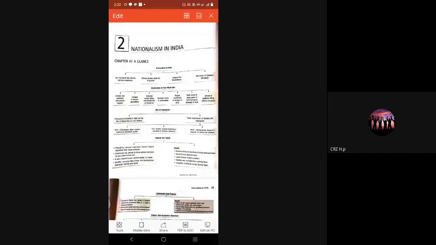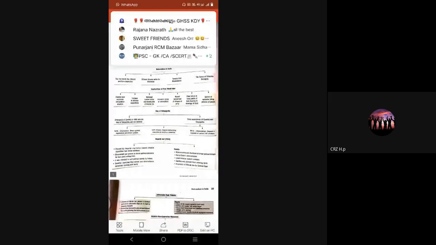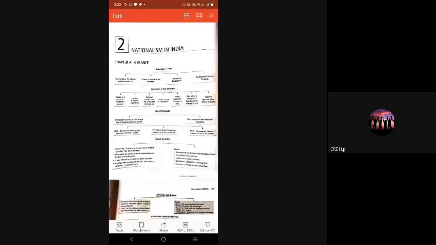The Khilafat movement and nationalism in India started with the First World War, which created a new economic and political situation. So here it is divided like this: the First World War and Khilafat and non-cooperation movement, then different stances within the movement, then towards India and a sense of collective belonging. This is the overall view of this lesson. Then next we come to them one by one.